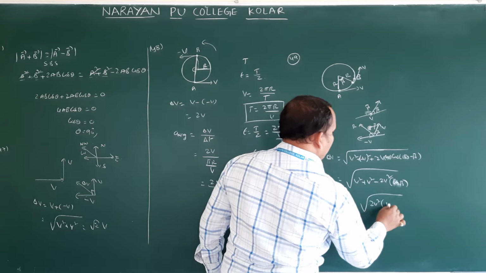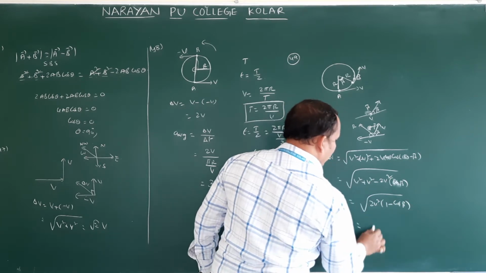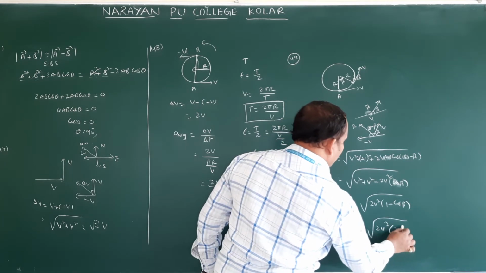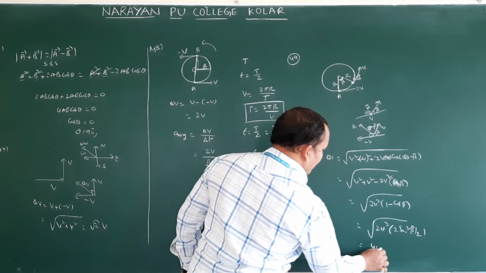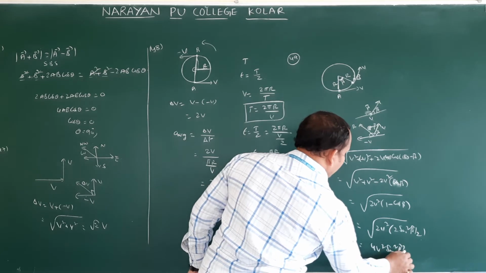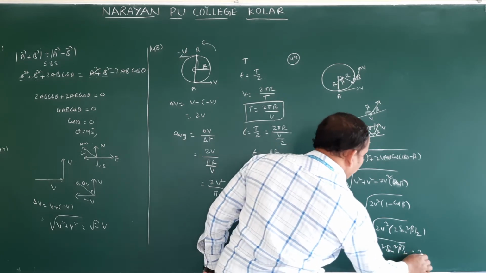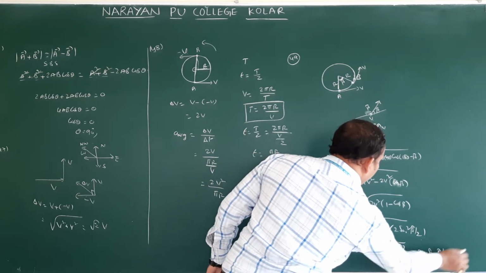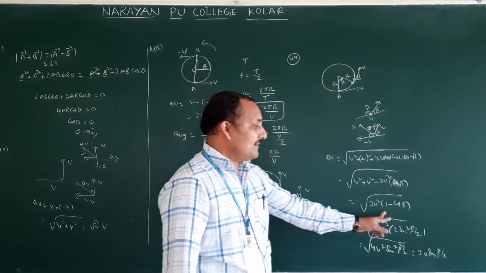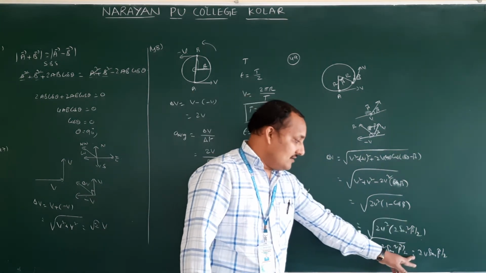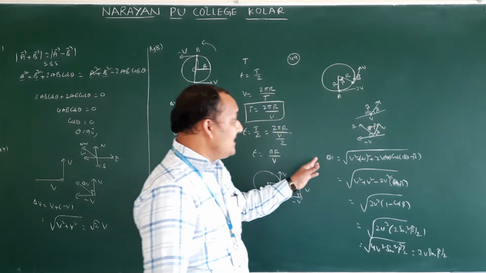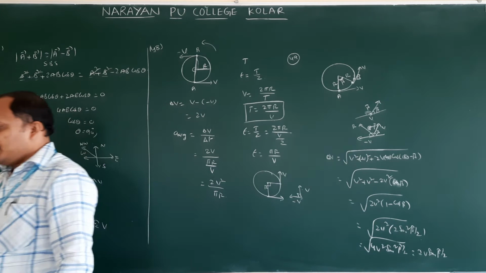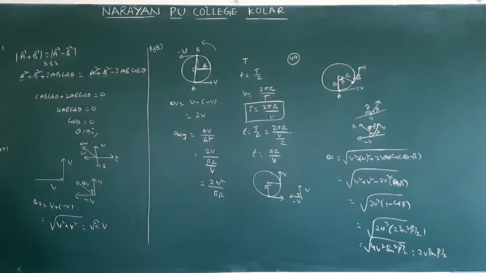So 2V square into 1 minus cos beta. So 2V square into 2 sin square beta by 2. Then 4V square sin square beta by 2. Then you will be getting 2V sin beta by 2. This is a mathematics relation for 1 minus cos beta value. So this one you will be getting from mathematics. 2V sin beta by 2 is the magnitude of change in velocity.